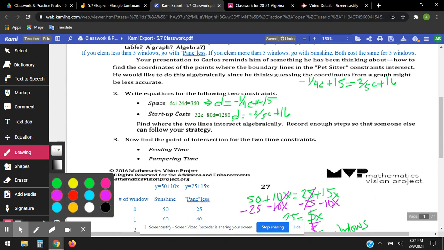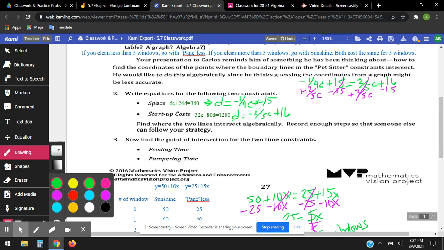So now I can simplify. I can subtract 15 from both sides. To cancel out the left side's c term, I want to add 2/5 c to both sides. So those two cancel out.